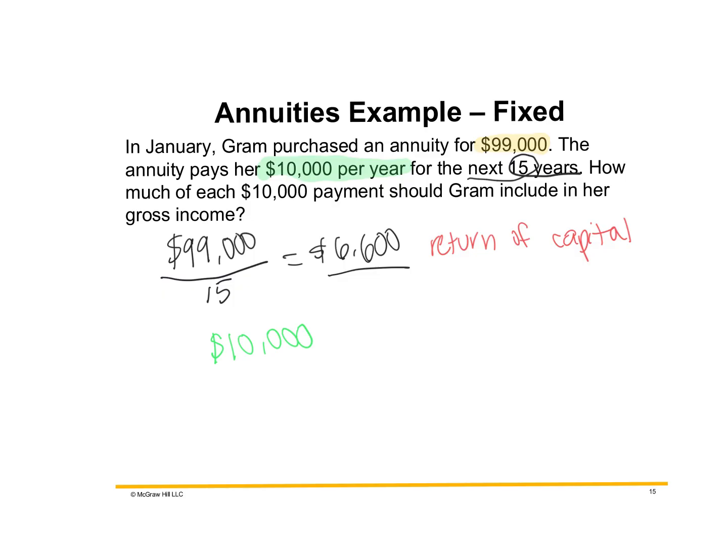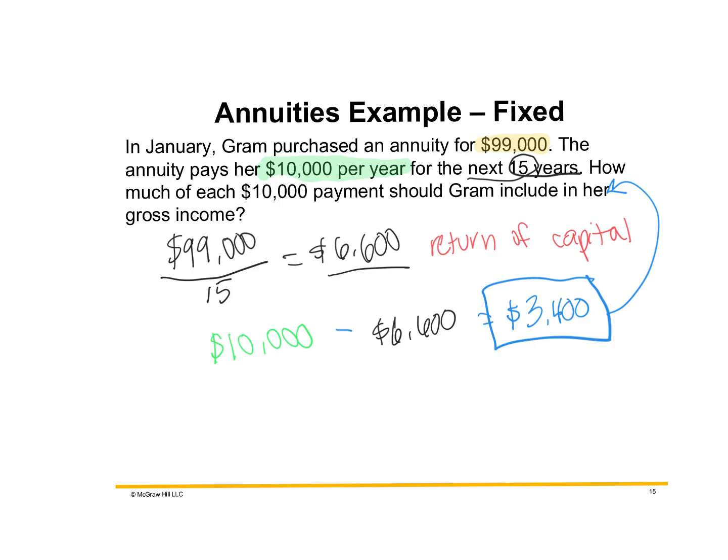We know that of that 10,000, $6,600 is our return of capital. So we're recovering that $99,000 we spent. So then if we take the difference between the two, 10,000 minus $6,600, that leaves us with $3,400 that should be included in gross income.